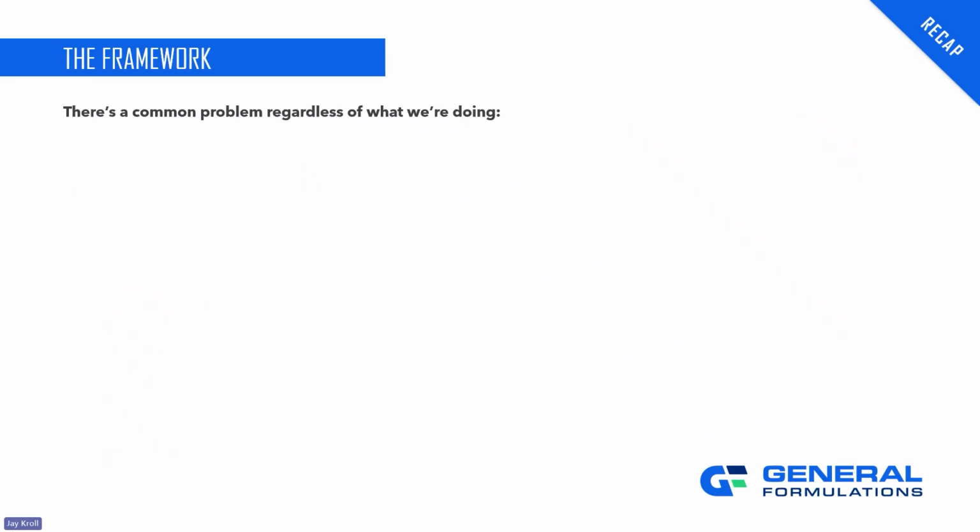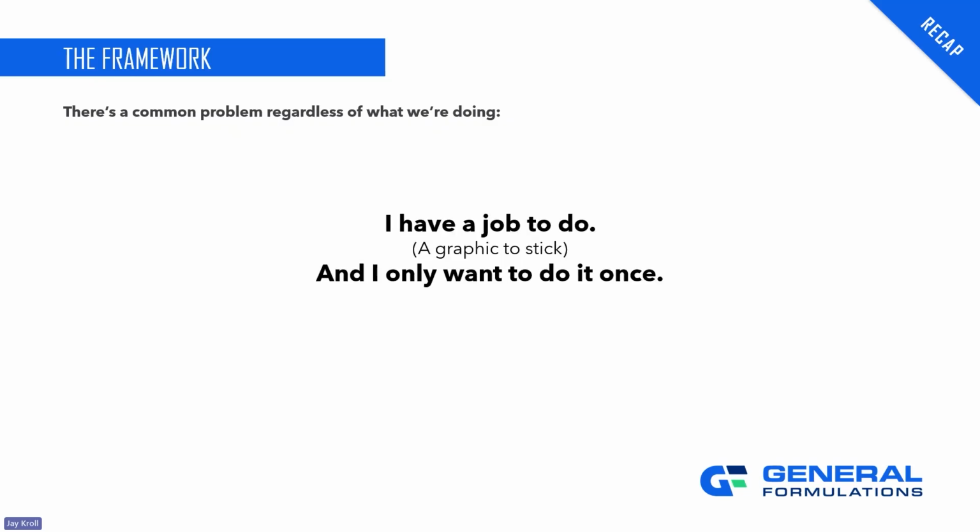First, I want to establish a few continuity points from the Surface Intelligence webinar. If you didn't check that one out last month, it is available on our website and on our YouTube channel under that training element. But this continuity ties in regardless of what we're doing. We have a job to do, a graphic to stick in this circumstance, and I only want to do it once.